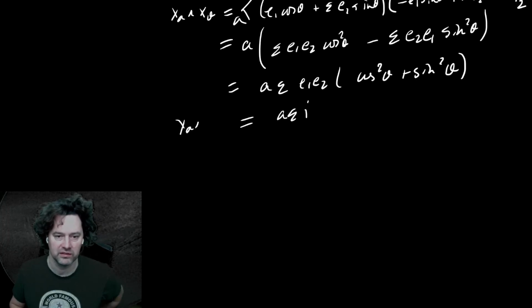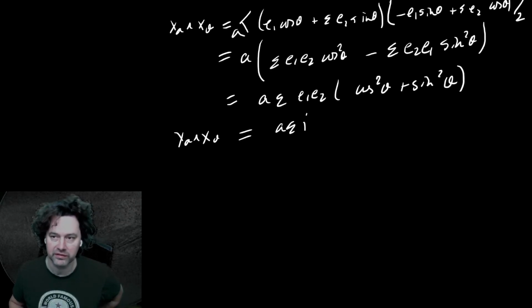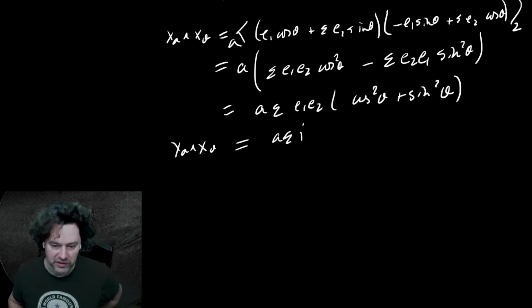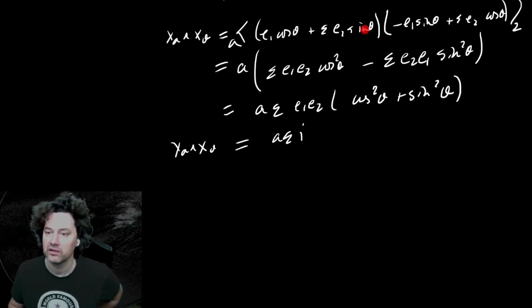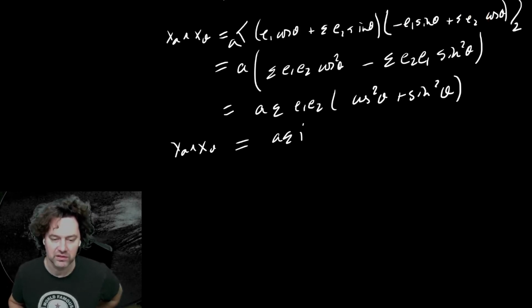So XA wedge with X theta. And I'm going to leave a little bit of this still on the screen because here we have our XA, and this is our X theta divided by A, so we can refer to those.